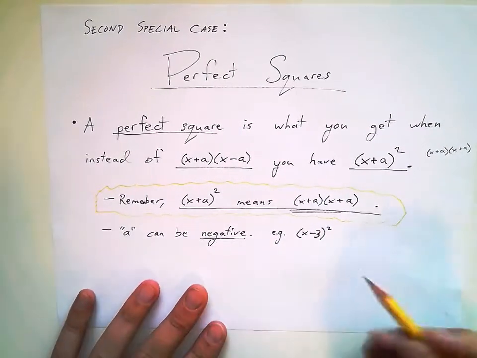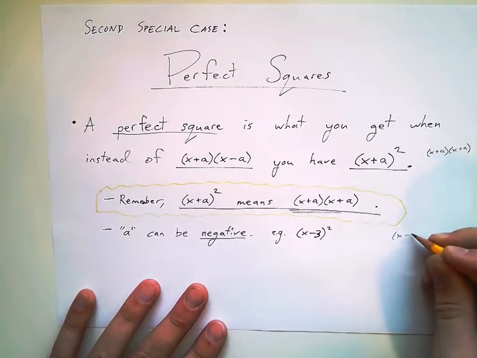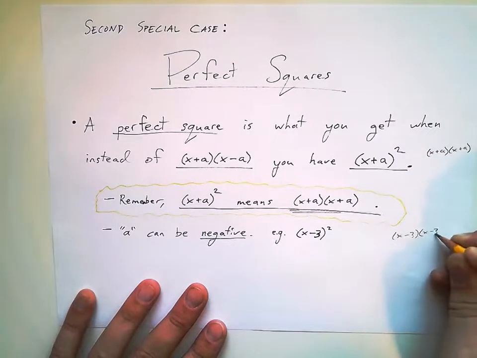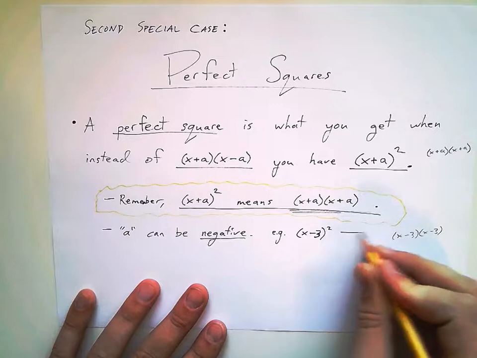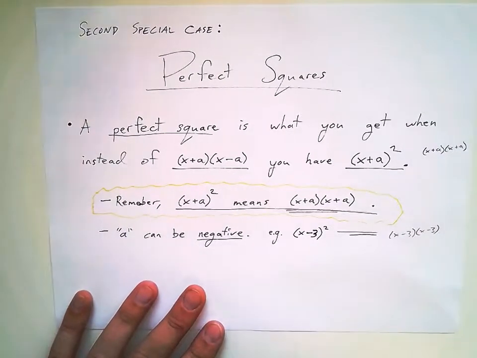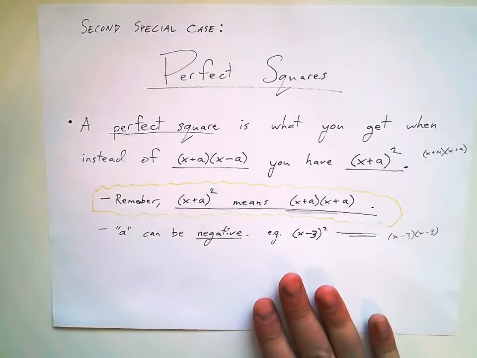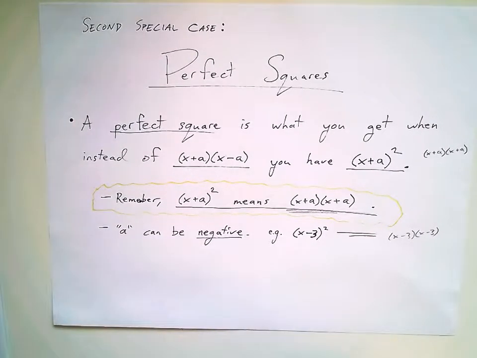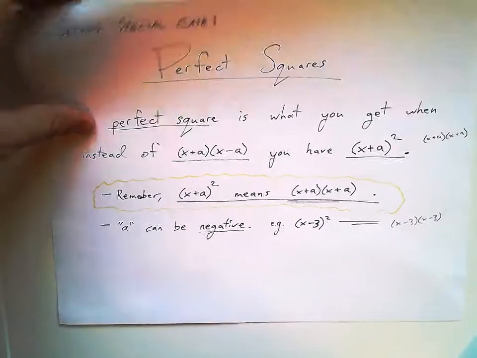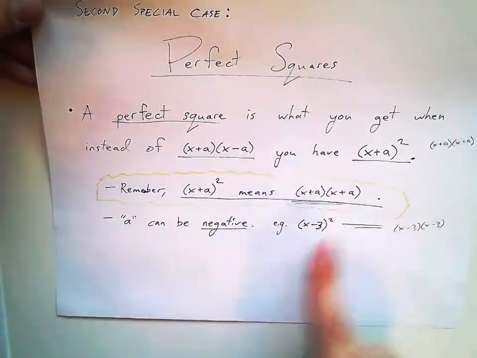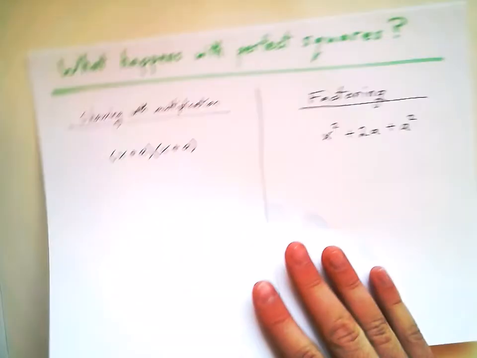And a could be negative, so you could have x minus 3 times x minus 3. Okay, so I'll just show you the next part, and hopefully that will make this a little clearer for you.